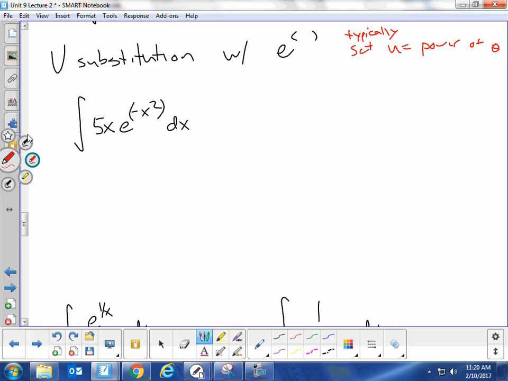Okay, so let's see what we get. We get u is equal to negative x squared. Du is equal to negative 2x dx. Dx is equal to negative 1 over 2x du. Sub in u, sub for dx, cancel some things, take the antiderivative, hooray.